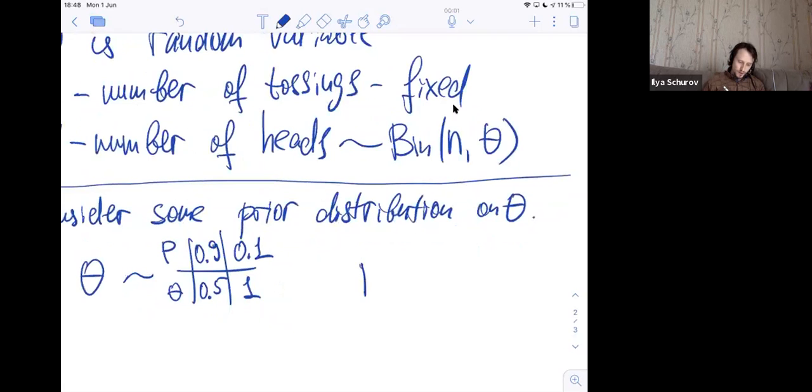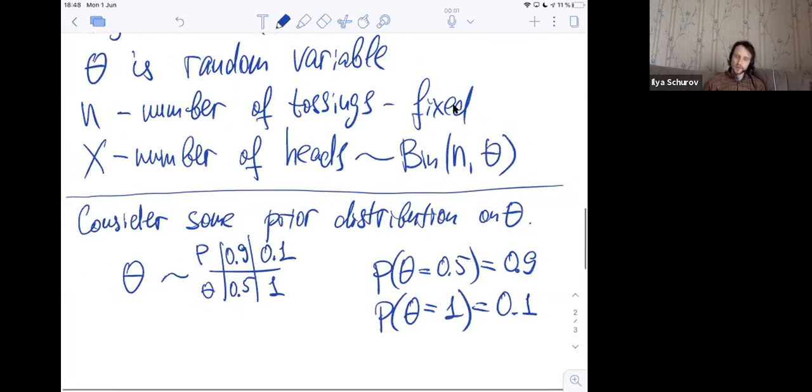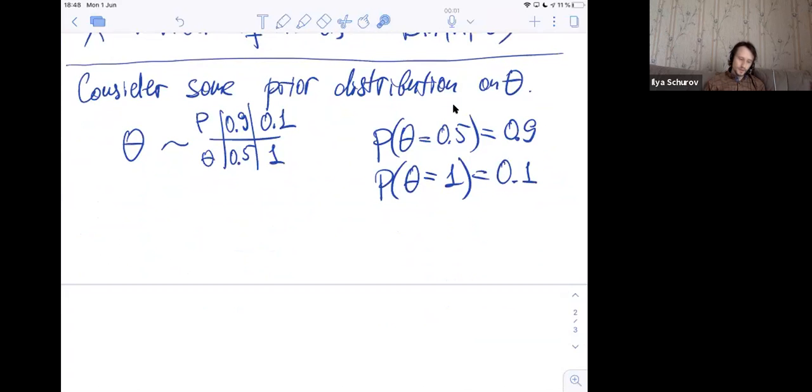So I can say that probability that theta equals to 0.5 is 0.9 and probability that theta equals to 1 is 0.1. And there are no other options. This is one of the possible distributions, and let us just consider this distribution to proceed. We can consider different distributions as well.